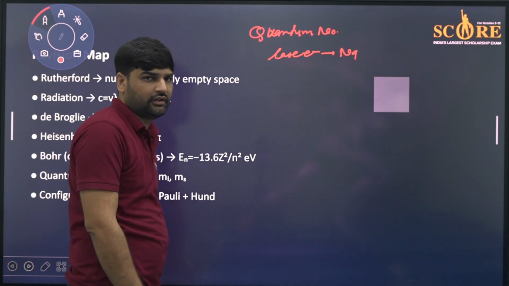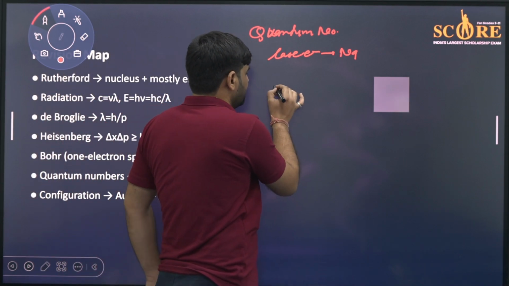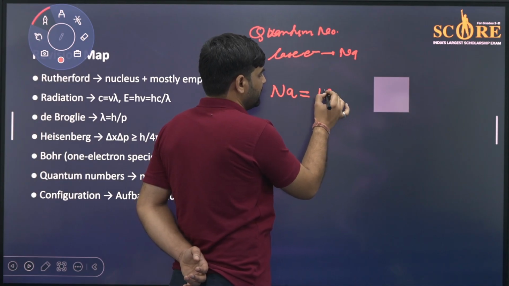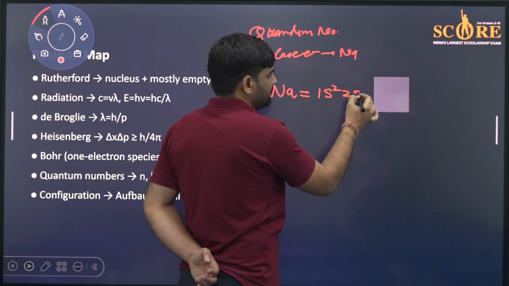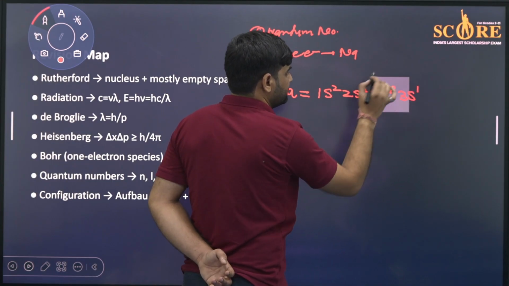So what we have to do is first write the electronic configuration of sodium. So you have to write 1s2, 2s2, 2p6 and 3s1.